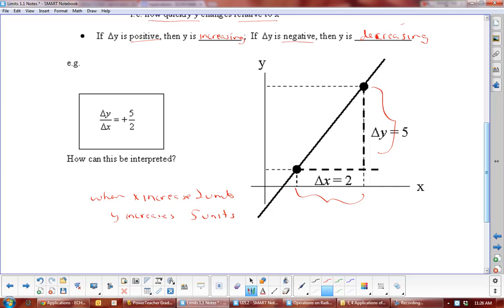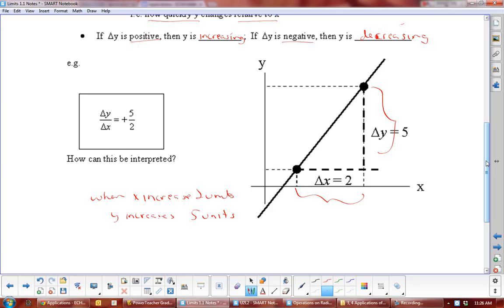So the less that x increases and the more that y increases, the greater the slope. Okay, if x is really small and y is really big, that is a huge slope. Okay, if x is large, so over a long time you increased very little height, that's a very small slope.